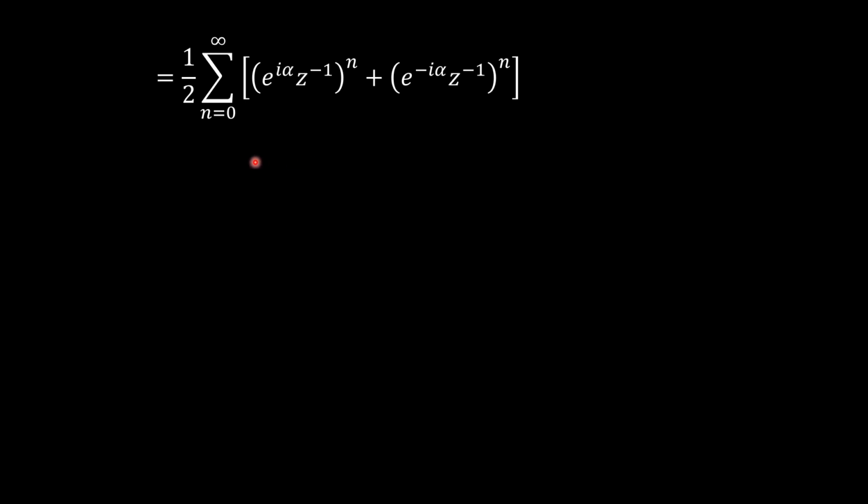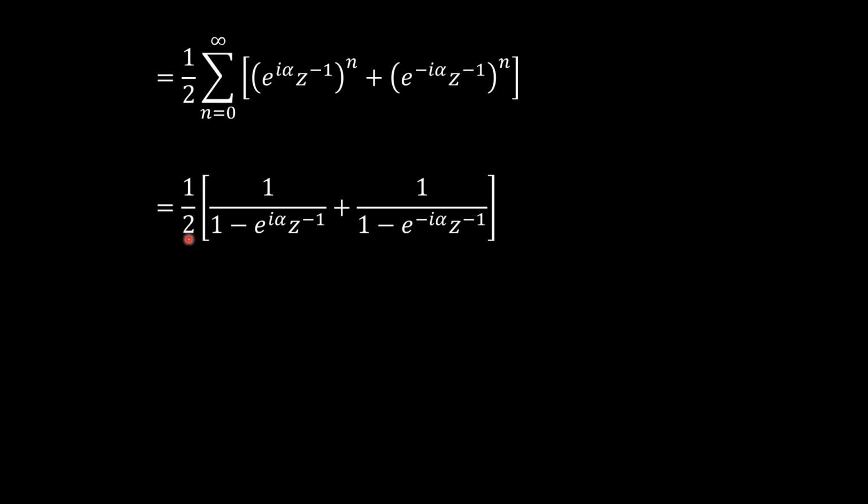Therefore, the infinite sum in both the geometric progressions will be given by 1 by 2, 1 upon 1 minus e raised to i alpha z inverse plus 1 upon 1 minus e raised to minus i alpha z inverse, which is true for mod of e raised to i alpha z inverse strictly less than mod 1, and second one is true for mod of e raised to minus i alpha z inverse strictly less than mod 1.